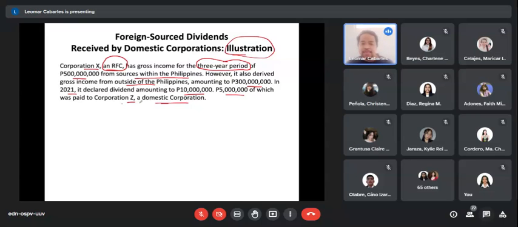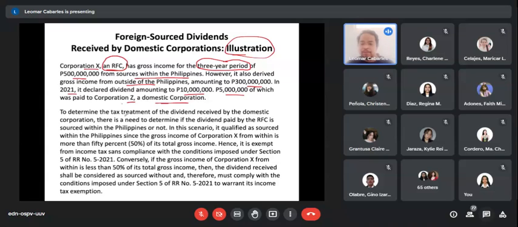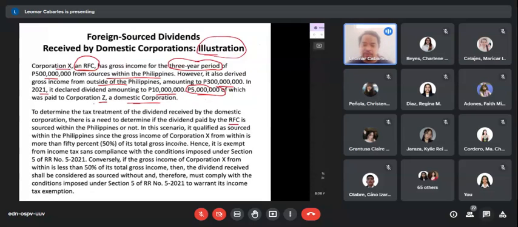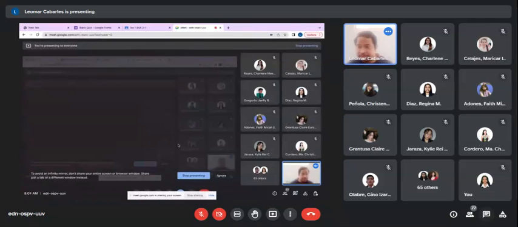To determine yung tax treatment ng dividend na 5 million na na-receive ng domestic corp, there's a need to determine if the dividend paid by the resident foreign corp is sourced within the Philippines or not. In this scenario, it qualified as sourced within the Philippines since yung gross income niya ay more than 50% galing sa Pilipinas. Okay? So what's your treatment for the dividend?